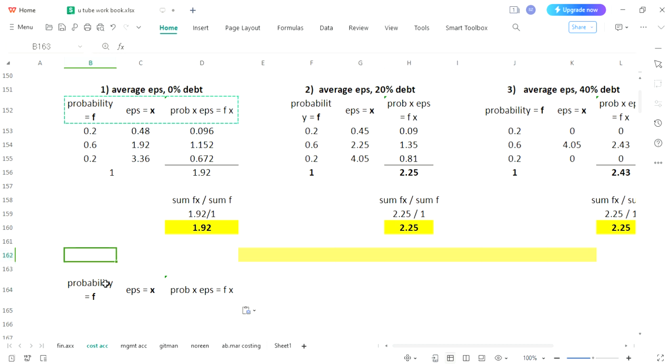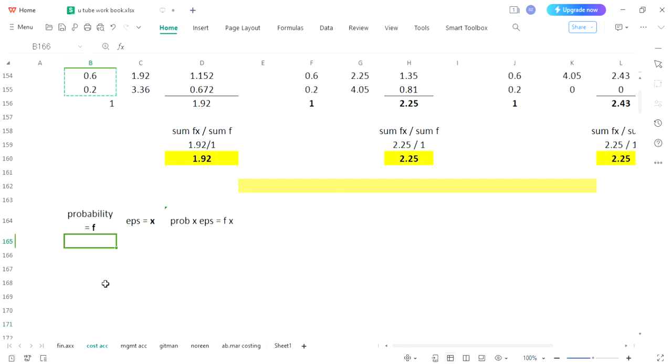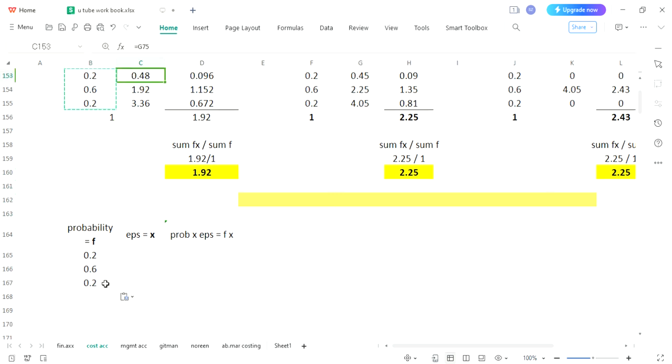First probability we are calculating standard deviation, keep it in mind. So this would also be similar, and next column 0.48, 1.92 and 3.36, absolutely similar.